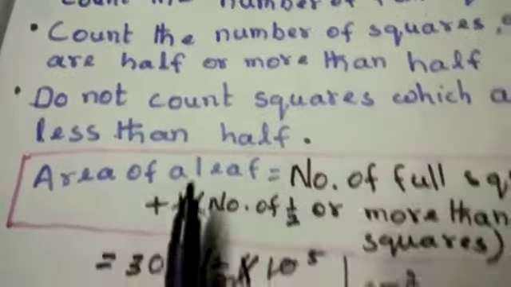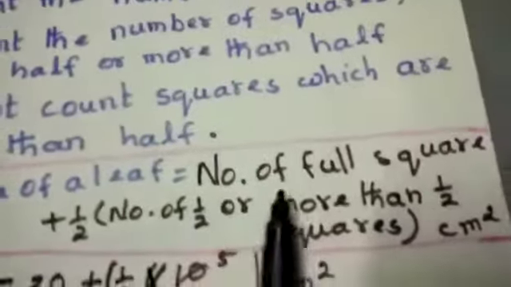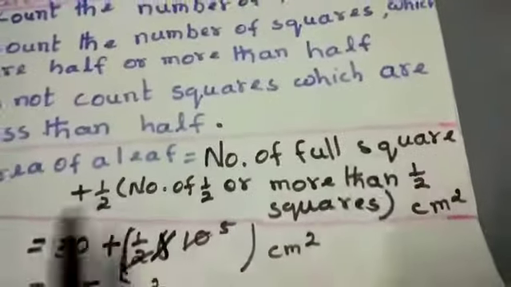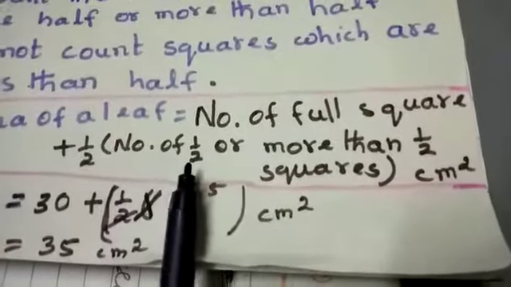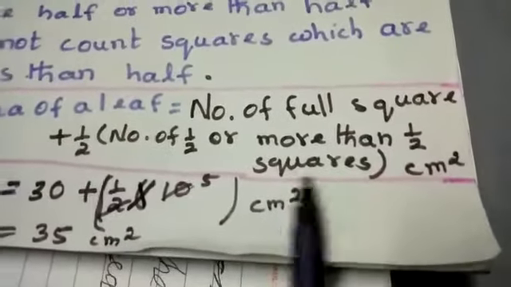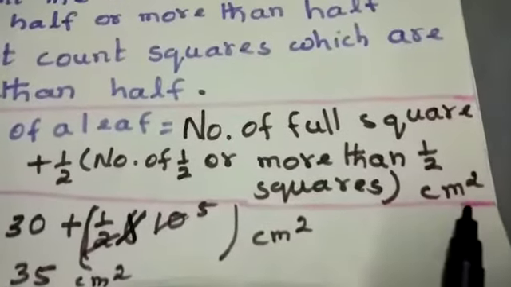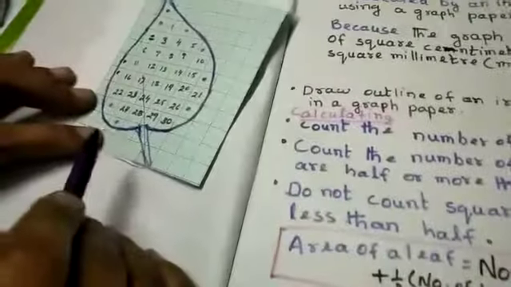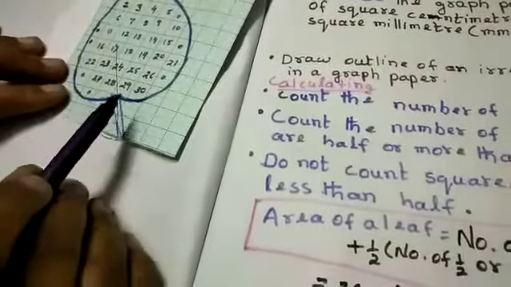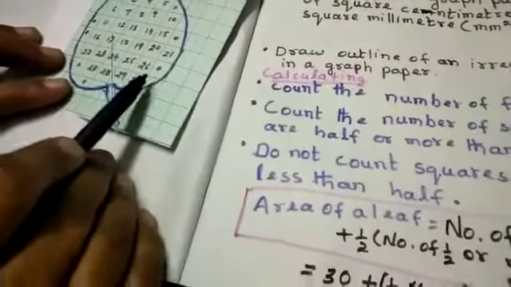So area of a leaf equals number of full squares plus half into number of half or more than half squares, into cm square. So our number of full squares is 30. So we write here 30 plus, the number of half or more than half is 10.